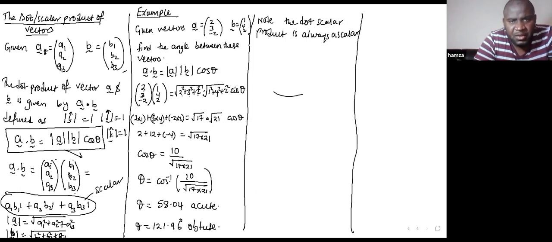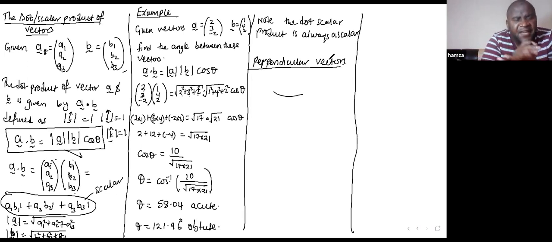The other definition we can talk about is perpendicular vectors. When are vectors perpendicular? What do you know about items which are perpendicular? 90.